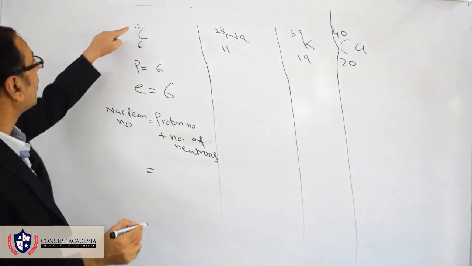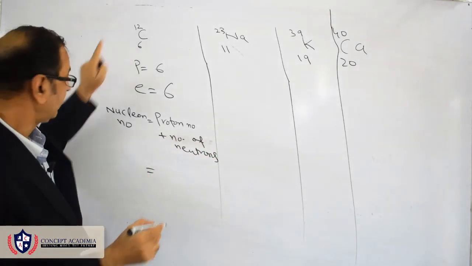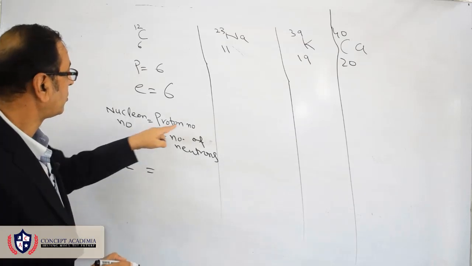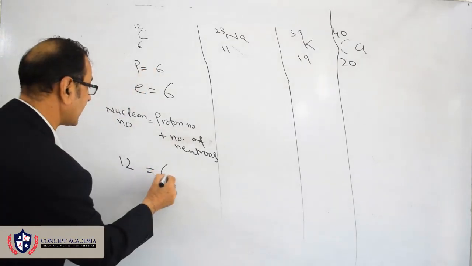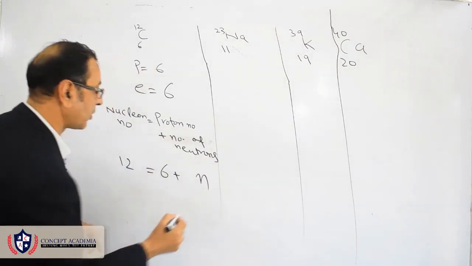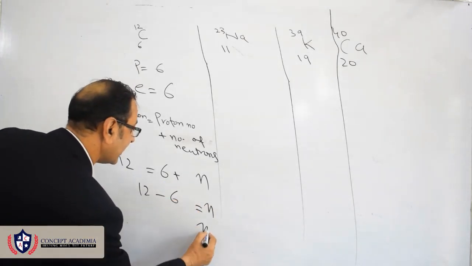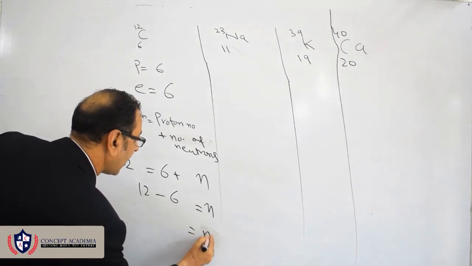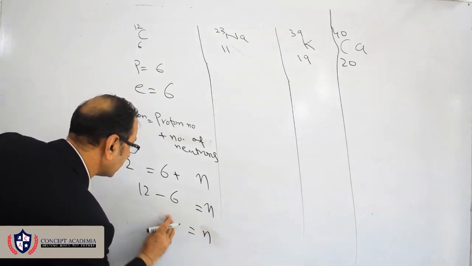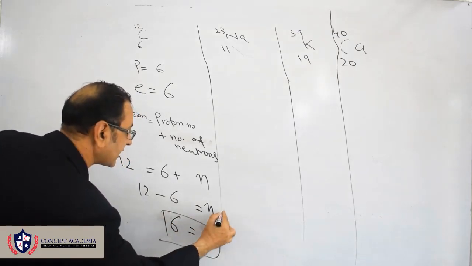So the nucleon number is 12, the proton number is 6, and the number of neutrons I am going to find out. The number of neutrons is 12 minus 6, and neutrons are equal to 6.